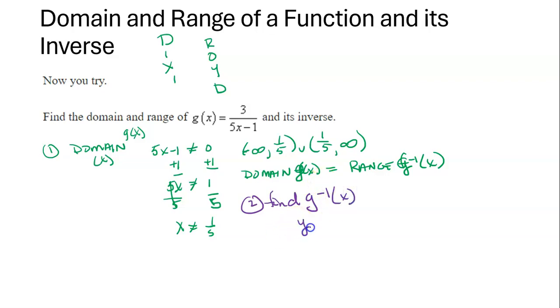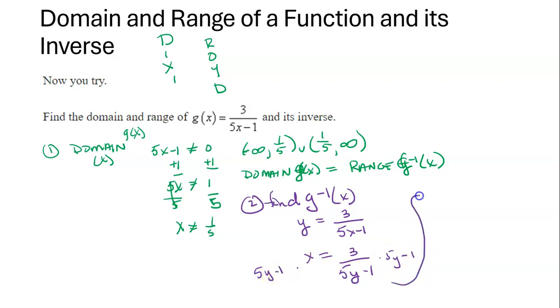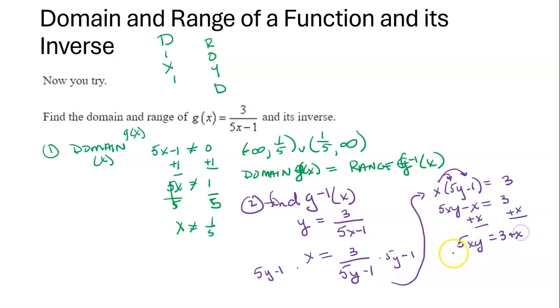If this is currently this, I'm going to switch my x and y. So that's x times 5y minus 1 equals 3. I distributed this: 5xy minus x is equal to 3. I got rid of this because I'm solving for y. Divide by 5x.